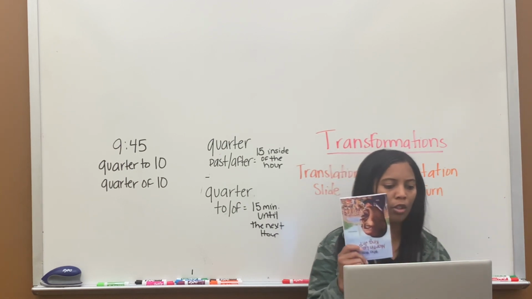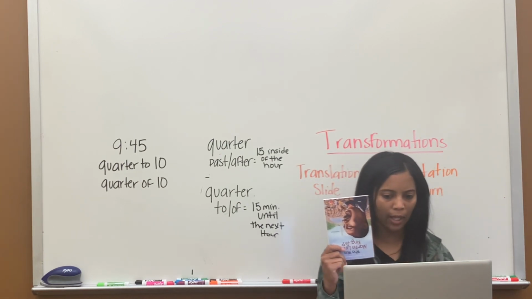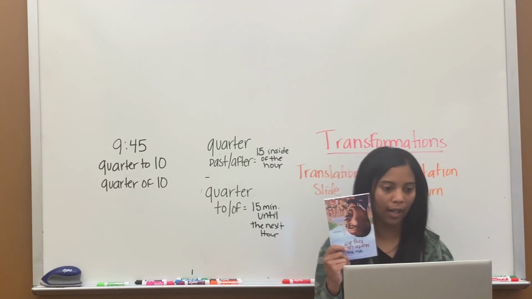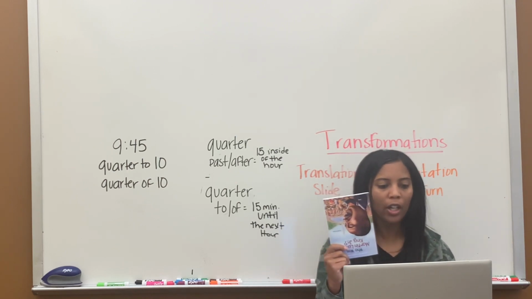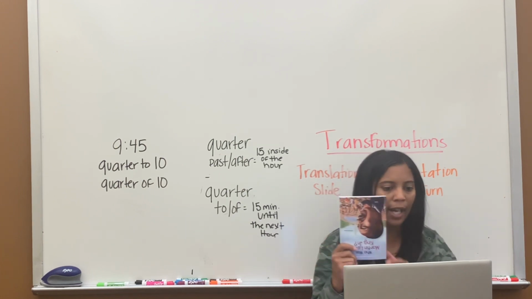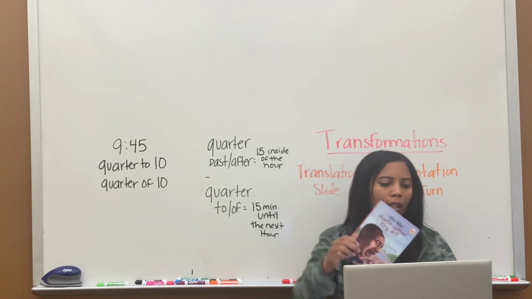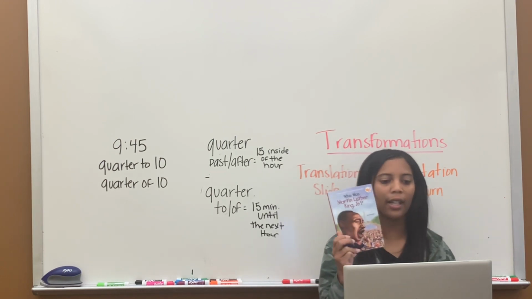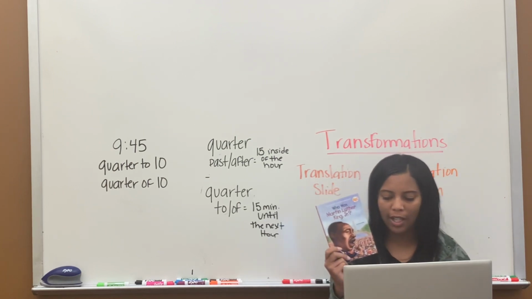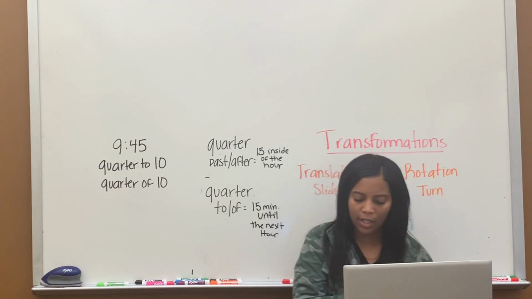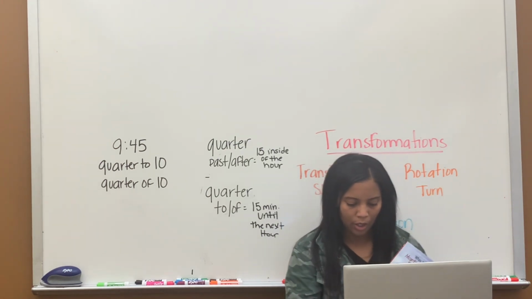What happens to it whenever we turn it? Now it's upside down. So rotating it can turn it upside down. But what happens if we turn it again? It's right side up again. So rotation means to turn. Translation means to slide. Rotation means to turn, okay?